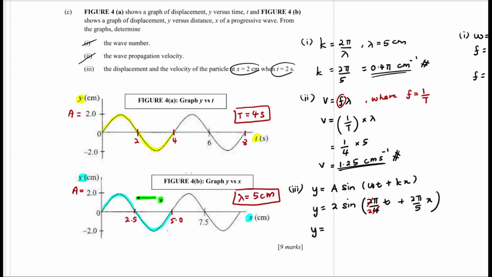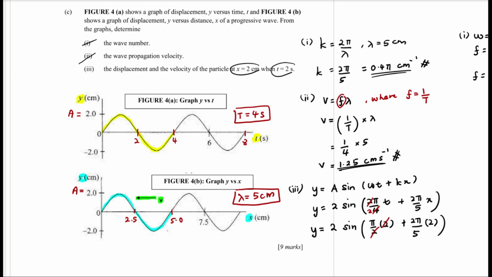So, y is equal to 2 sin of pi over 2 and t dia bagi situ 2 second plus 2 pi over 5 and x is 2 centimeter. Okay, so yang boleh cancel, make sure your calculator in radian mode. Okay, saya dah pesan banyak kali lah. So, jangan salah.